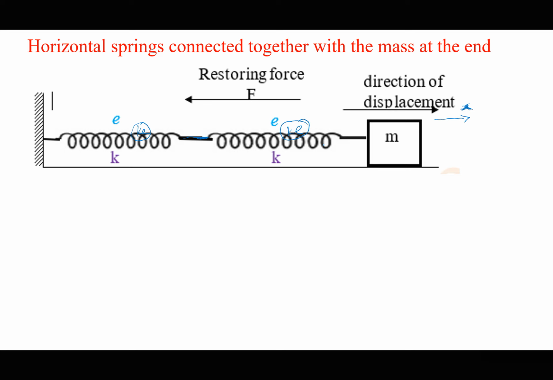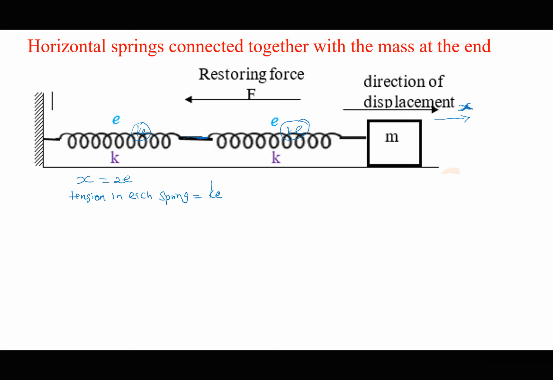Alternatively, you could think about it in this way. When you cause a displacement x to the right hand side, the total extension x becomes e plus e, which becomes twice e. And remember, the tension in each spring is equal to k times e.